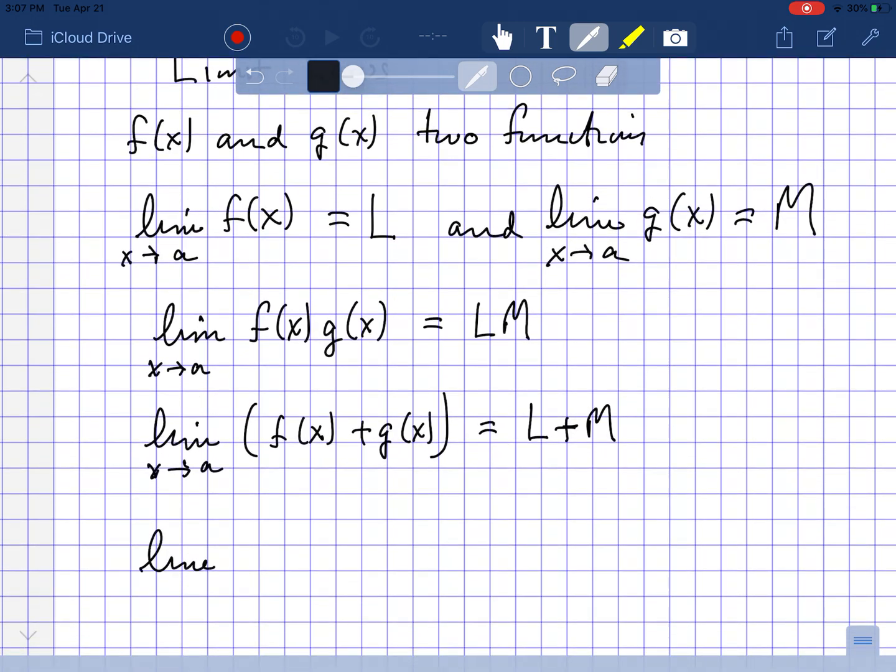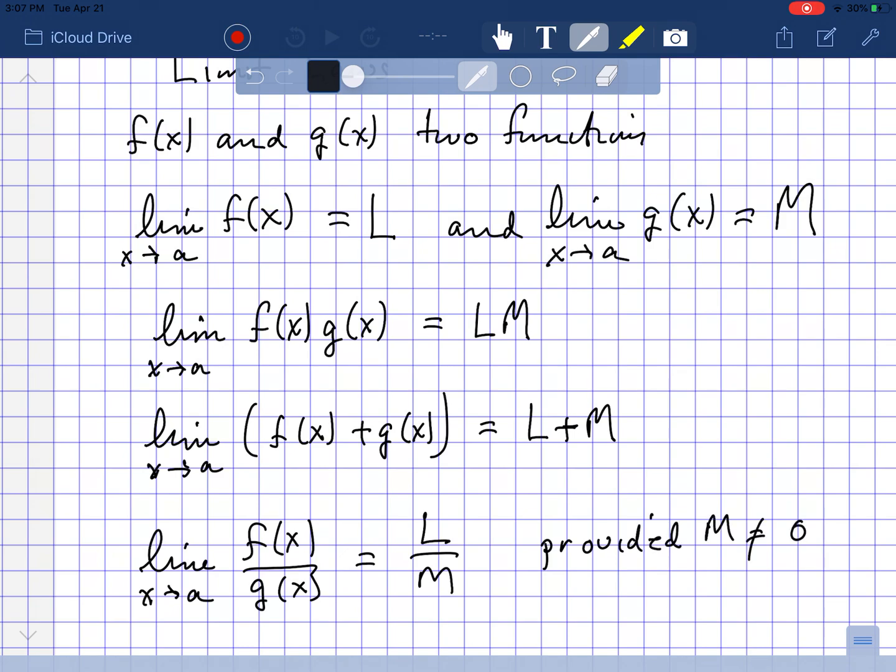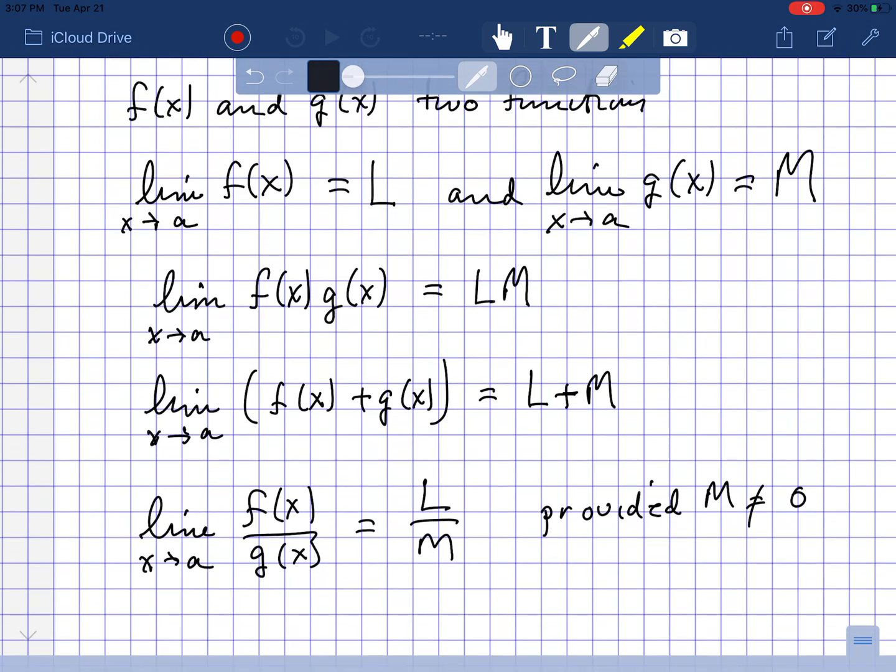And the limit as x approaches a of f of x divided by g of x is equal to L divided by m, provided m is not equal to 0. Okay?